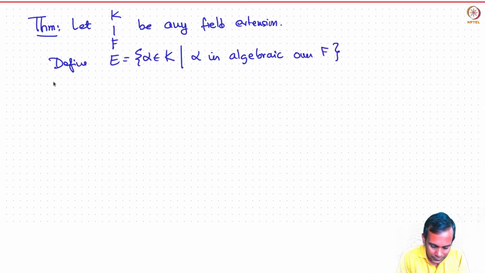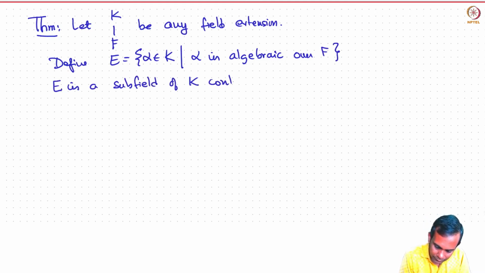The theorem is that E is a subfield of K containing F. So we have this situation: we have K, in between we have this field E, and then we have F.